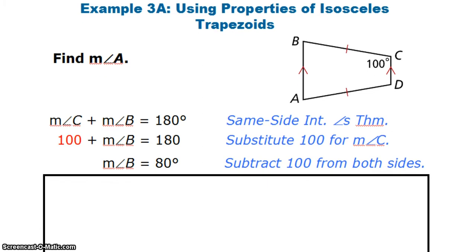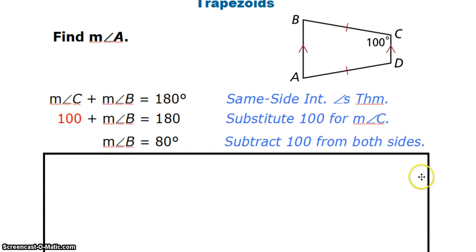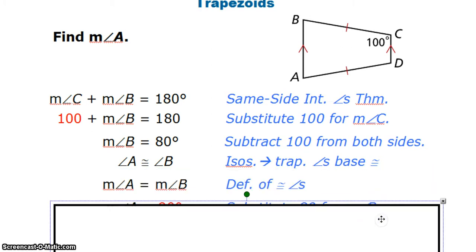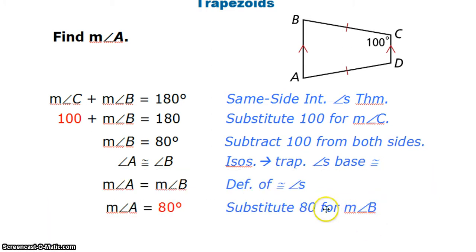So if we know that angle B is 80 degrees, we can now say that angle A is congruent to angle B because we know that this is an isosceles trapezoid which has base angles which are congruent. Therefore, angle A, the unknown angle, must be 80 degrees as well.